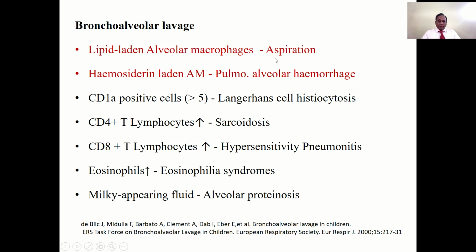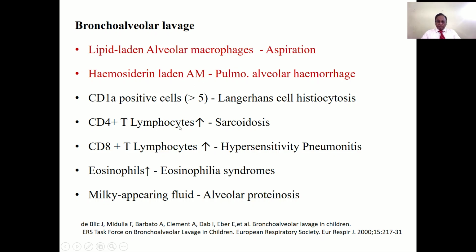Like in this case, if you are able to document hemosiderin-laden macrophages, there is hemorrhage happening. If you confirm diffuse pulmonary hemorrhage, you have to work out further causes. Like I already said, sometimes it may be part of vasculitis or ANCA-associated vasculitis, and you necessarily have to rule that out.